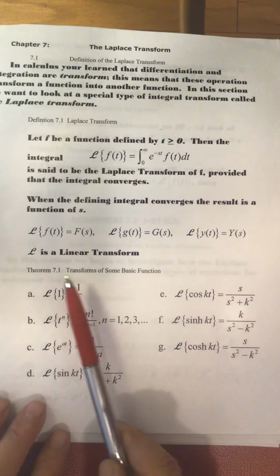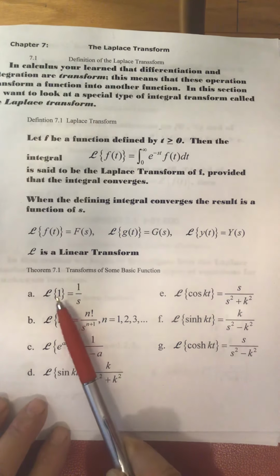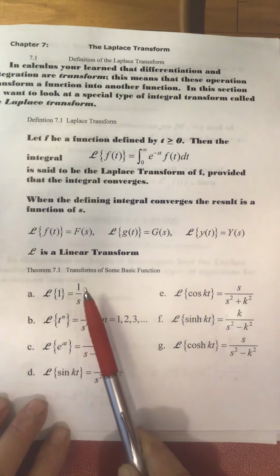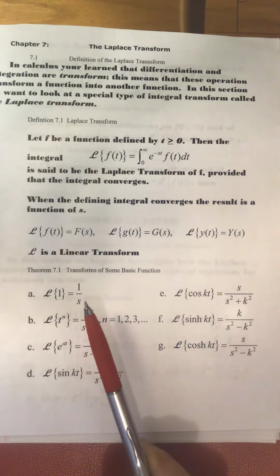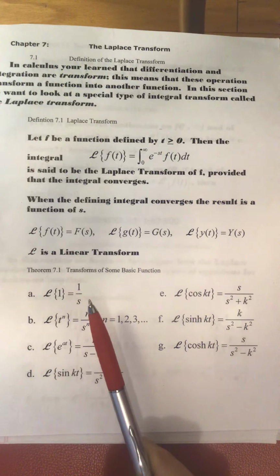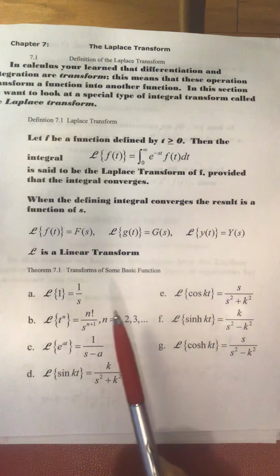Here's what happens. If you have a constant, the Laplace of a constant is 1 over s. We'll show where that comes from in a minute.